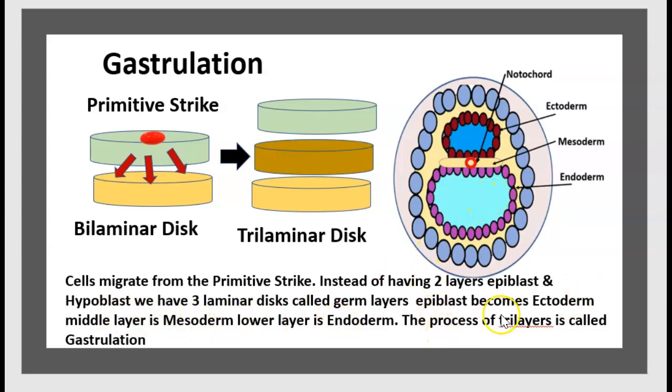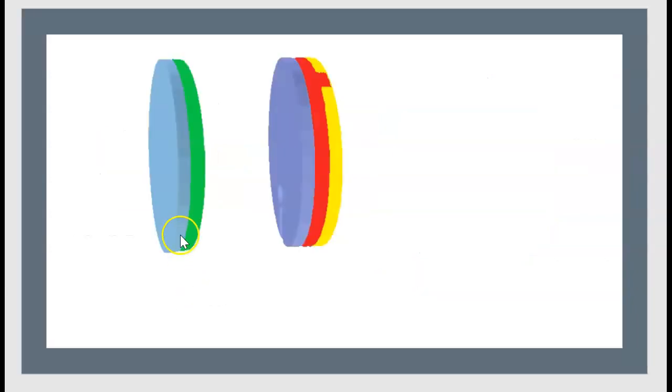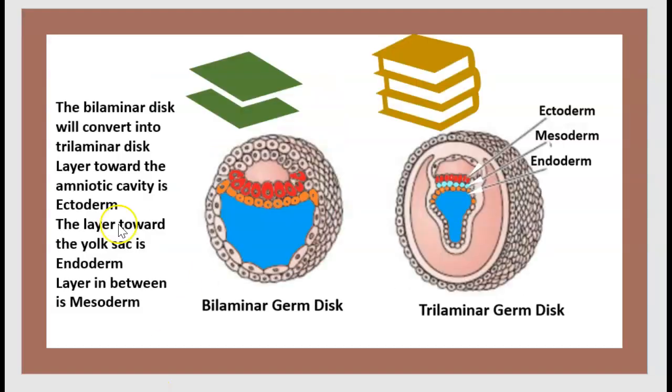The process of forming 3 layers is called gastrulation. Bilaminar disc to trilaminar disc. The bilaminar disc will convert into a trilaminar disc.